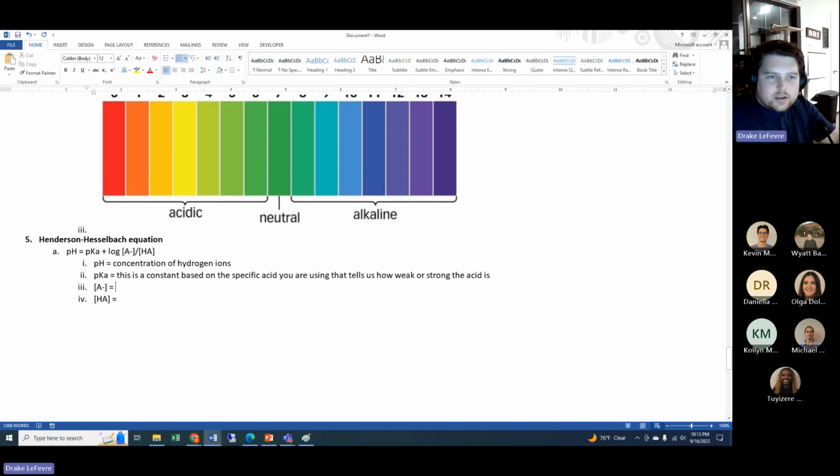Okay. The other parts of this, I want to make sure that I have them correct. Remember the brackets mean concentration, so this is the concentration of the weak acid, HA, and this is the concentration of the conjugate base. All of these together create this equation, and with this equation you're able to figure out the pH based on these different values.